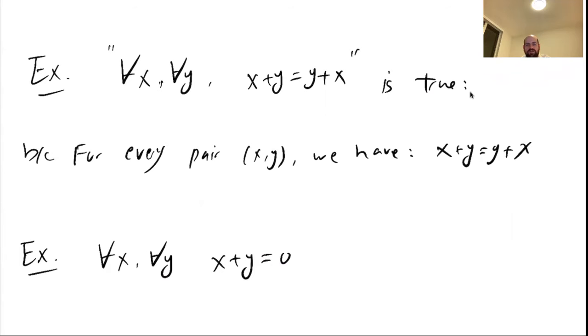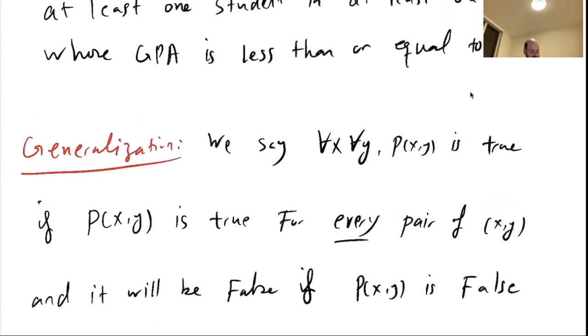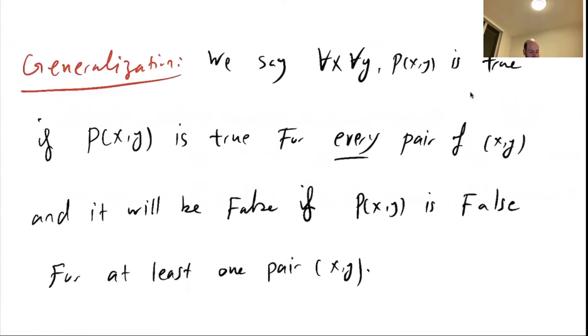There are so many different pairs of x and y where x plus y is not 0. For example, 2 plus 5 is 7, which is not 0. So this one is false. Remember, we said that the statement for each x, for each y is false if P of x and y is false for at least one pair x and y.